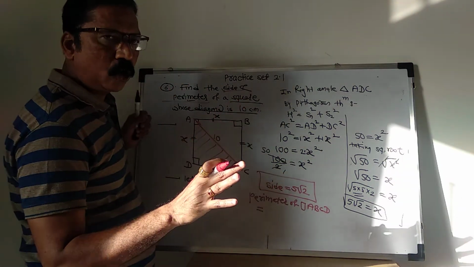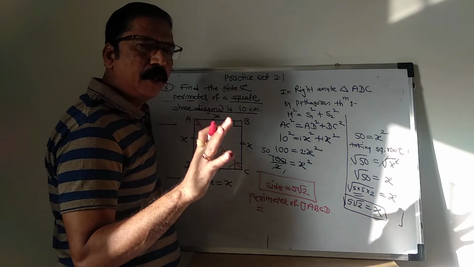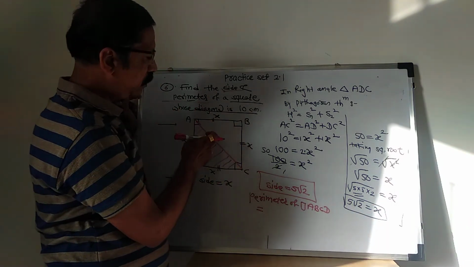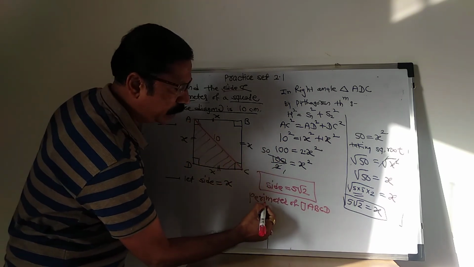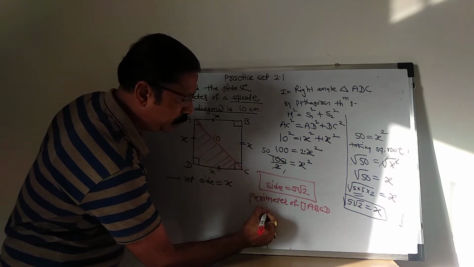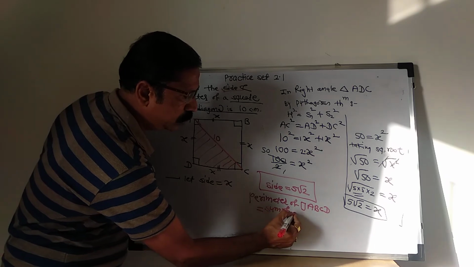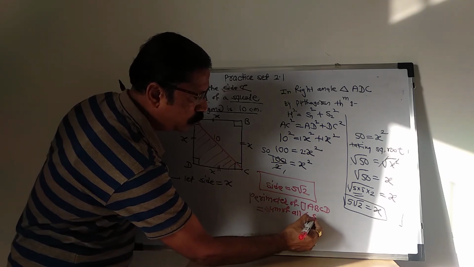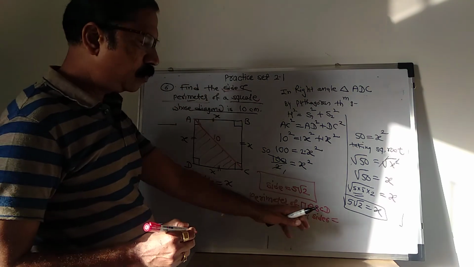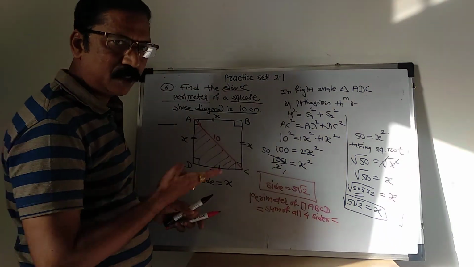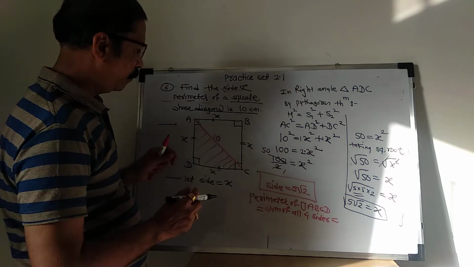If there is a pentagon, the sum of all 5 sides is the perimeter of the pentagon. And as here the quadrilateral is a square, it is the sum of all 4 sides.